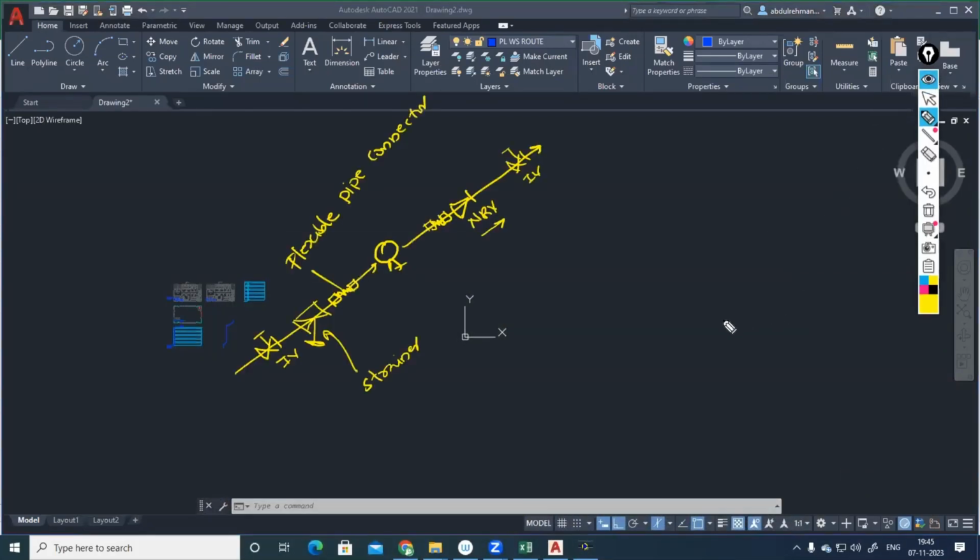Another fitting is conditional. As you know, in our case, for suction and delivery, the pipe diameter is 2 inches only. But it doesn't mean that the manufacturer's pump inlet and outlet diameter is always as per our requirement. Our diameter depends totally upon our flow rate.